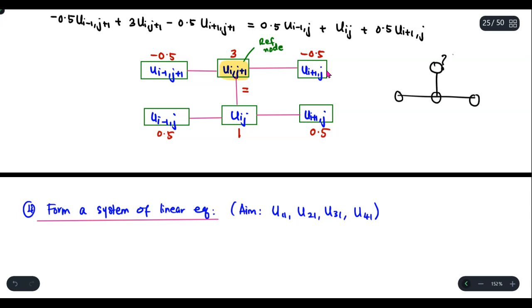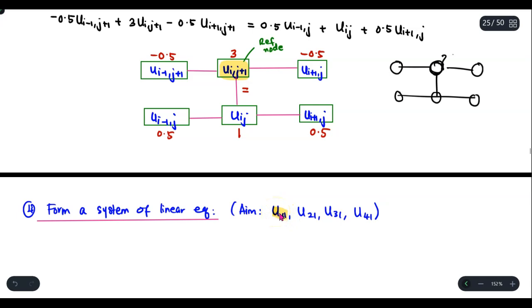It corresponds to only three nodes at the bottom, for which you have the values. But here, in order to get this one, you also need to consider the left node and the right node, which are also unknown. So we cannot have the value of u11 straight away, so we end up with a system of linear equations, and then after that, we will solve the linear system to get the value of our unknowns.